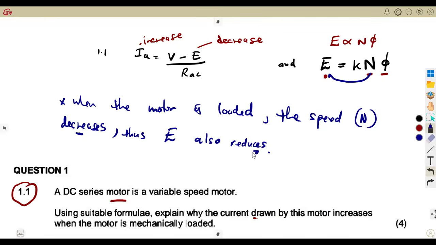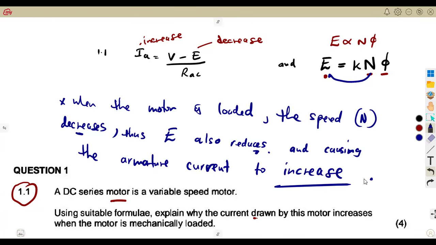The decrease that happened on E causes the armature current to increase.